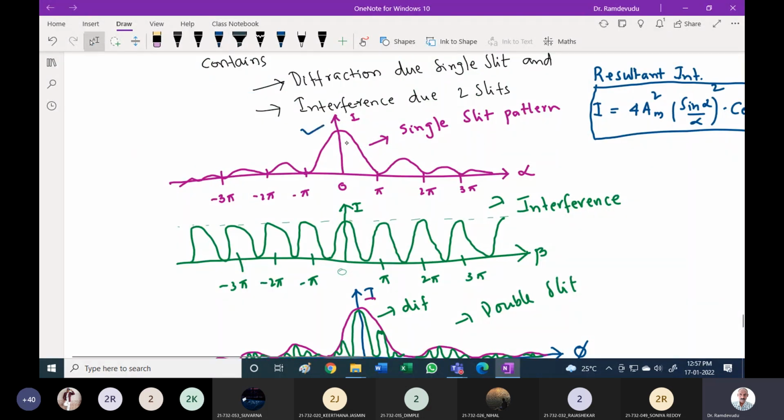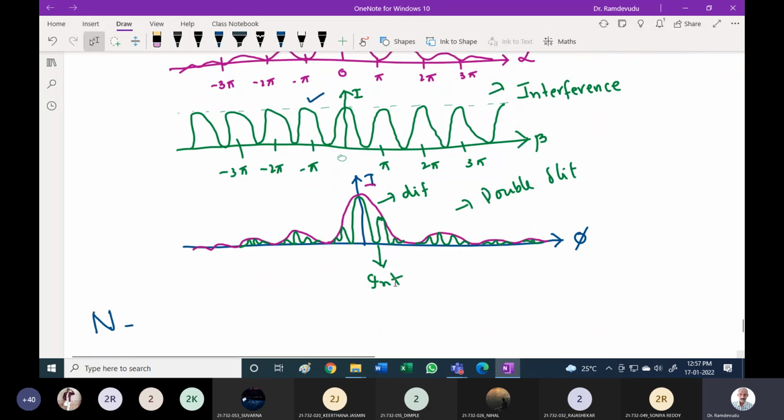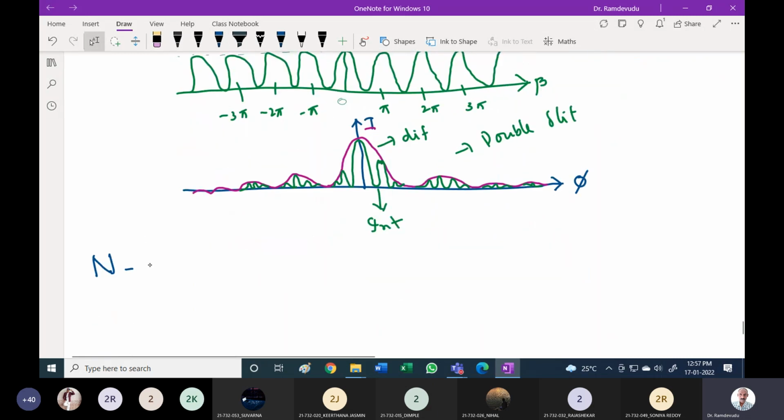If two slits are there, the diffraction pattern plus interference pattern will be there, and they superpose and give the resultant pattern like this. Now, instead of one slit or two slits, I have N slits. These N slits itself is called a diffraction grating.